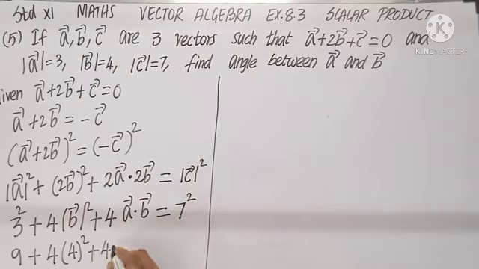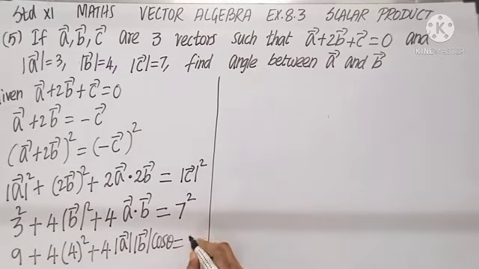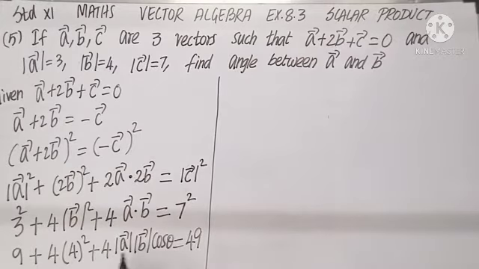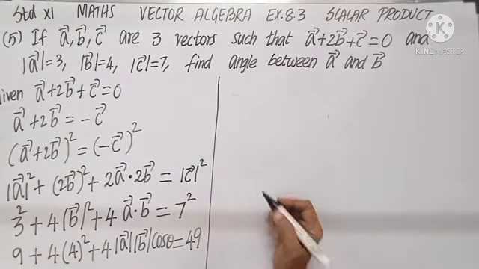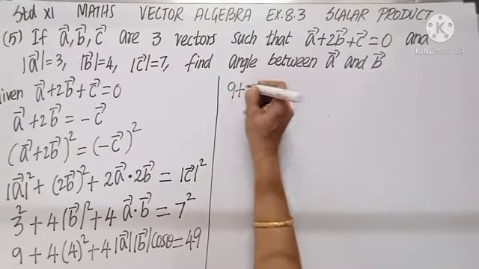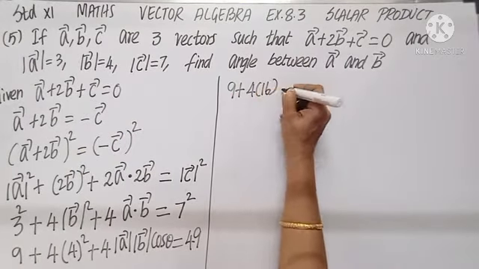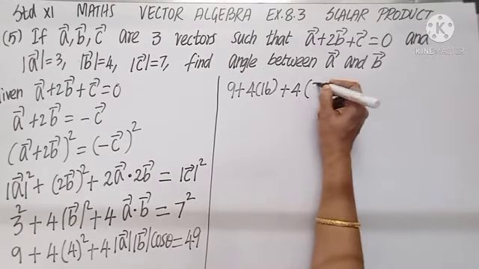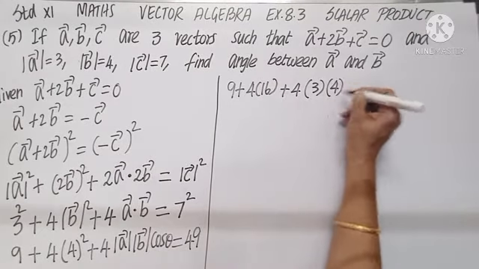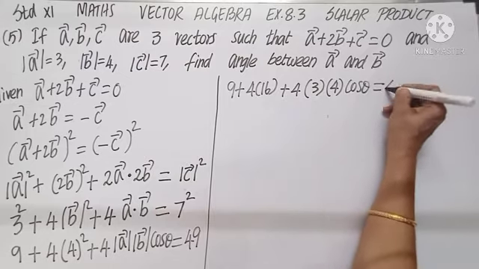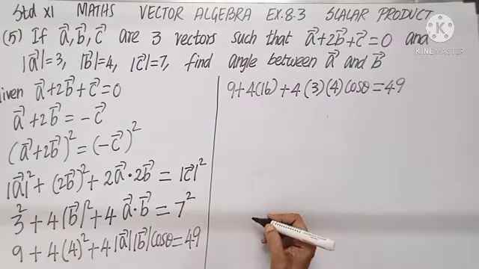What is A dot B formula? Mod A mod B cos theta equals to 7 square is 49. Again, let us substitute for mod A and mod B from here. So I get 9, 4 into 16 plus 4 into mod A is 3, mod B is 4 into cos theta equals 49.